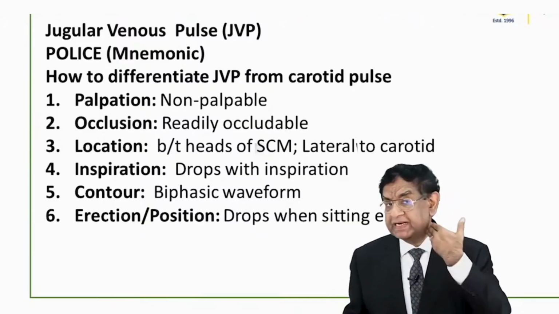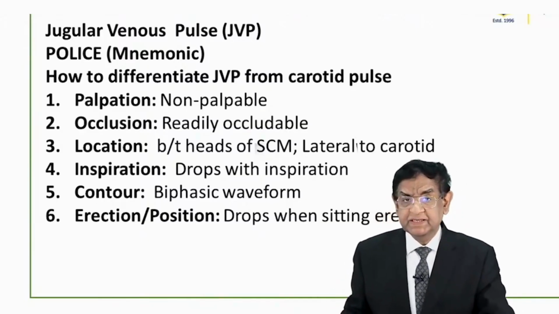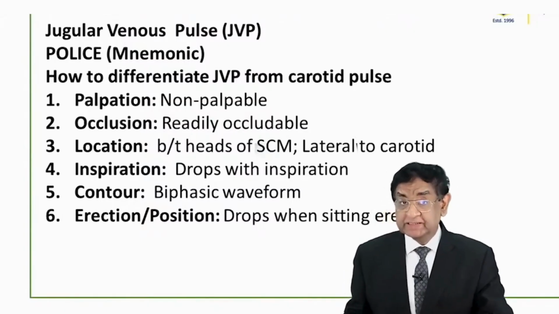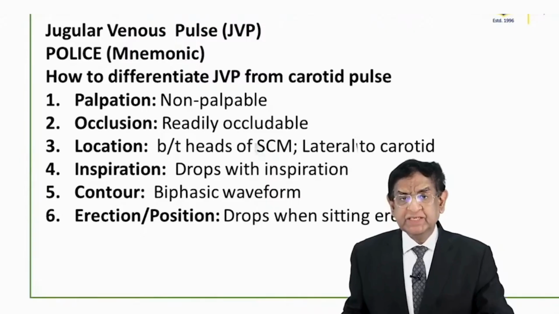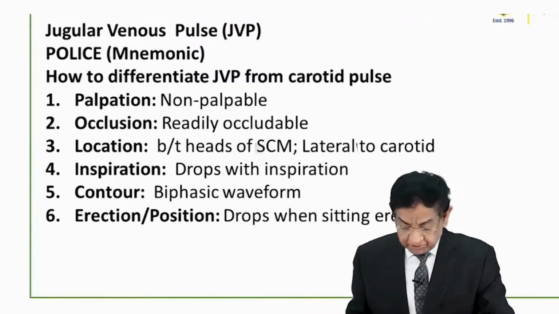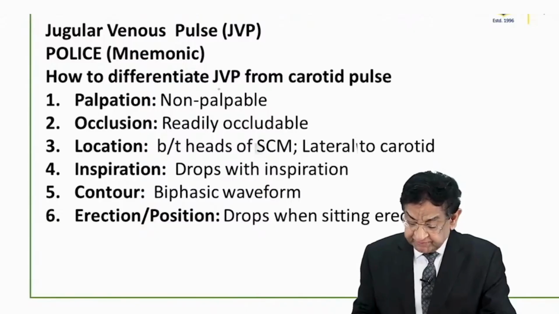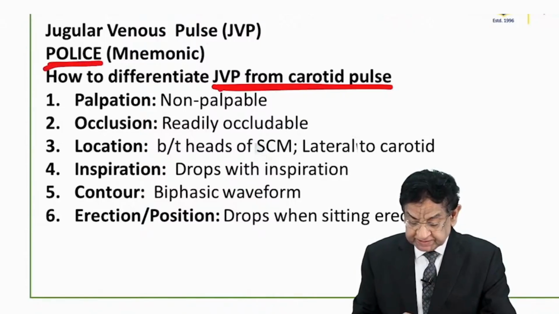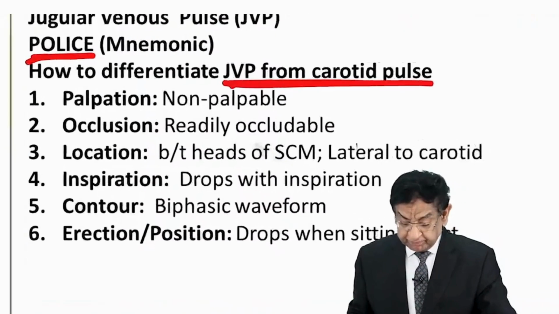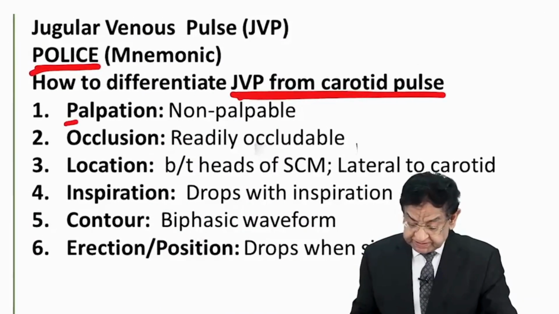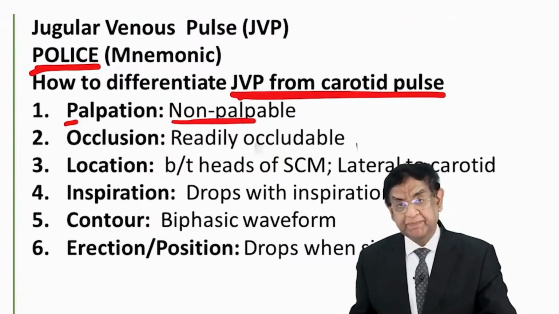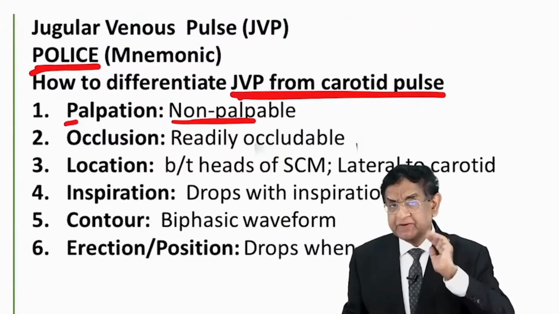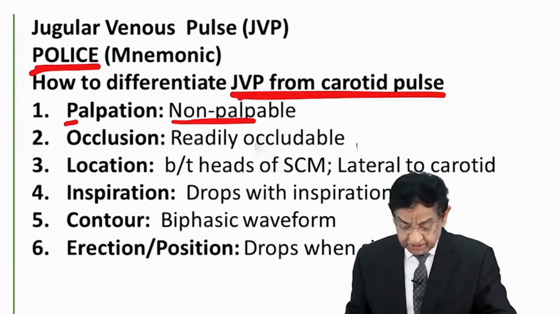Well, when we are looking at the neck area, we get two pulsations. One is JVP, and we also get the systolic carotid pulsation. The first thing is we should be able to differentiate between the two. So how to differentiate JVP from the carotid pulse? The mnemonic is PULSE. P for palpation. JVP is non-palpable; carotid we can very well palpate.